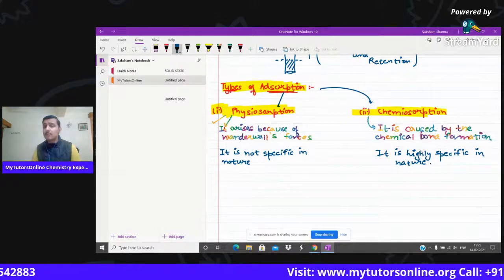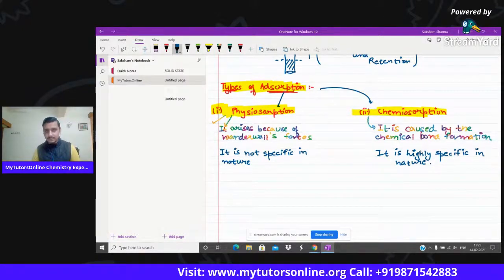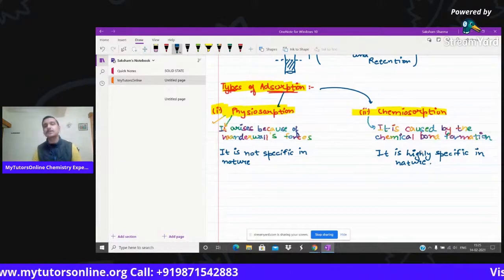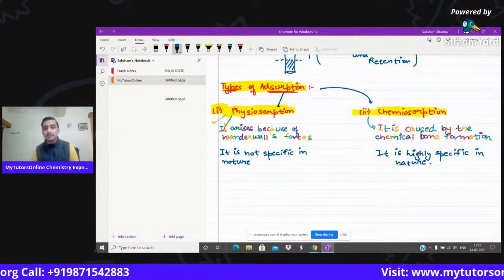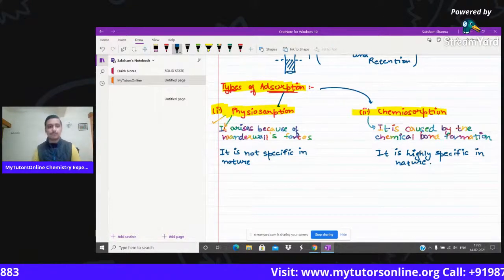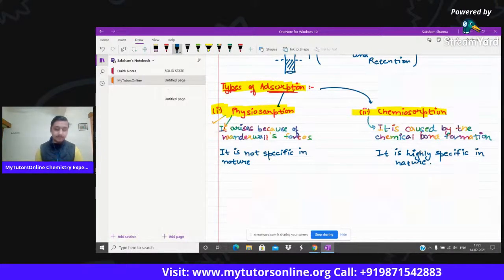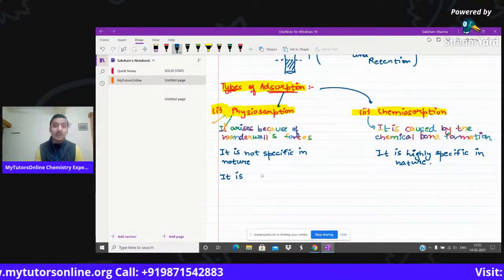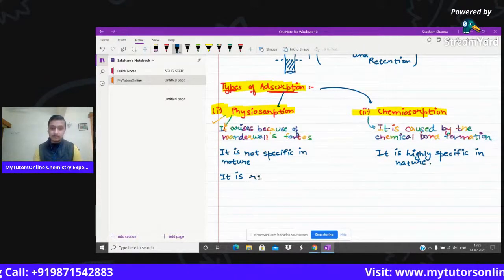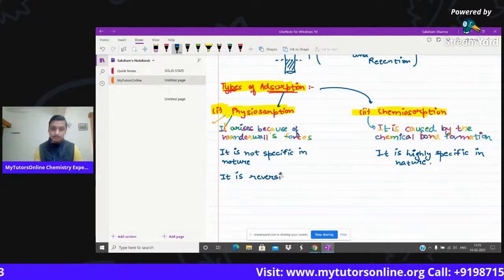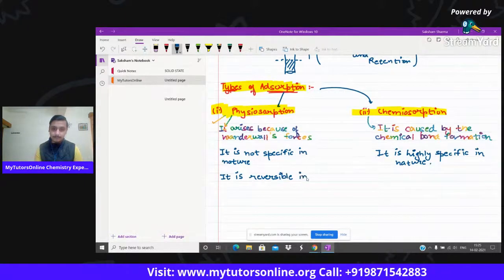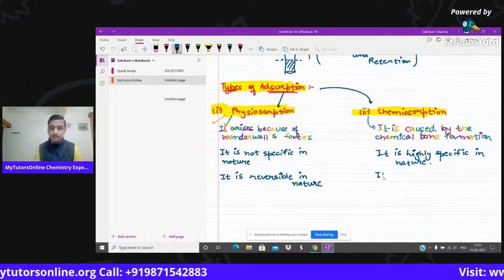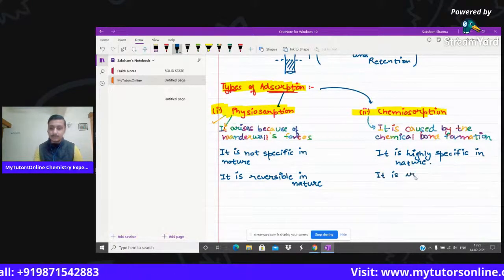But whenever a chemical bond formation takes place, let's say between an adsorbate and an adsorbent, chemisorption will always be present. This is why we have used the word specific here. Now the third point: physisorption is reversible in nature, and chemisorption is irreversible in nature.